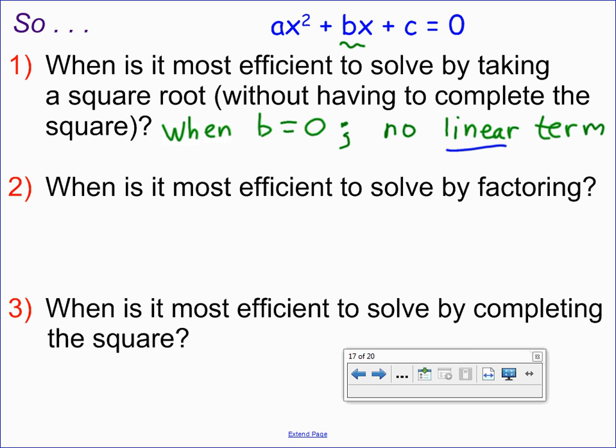When is it most efficient to solve by factoring? Well, when b doesn't equal 0. That is, both a linear and quadratic term. That is an x term and an x squared term.